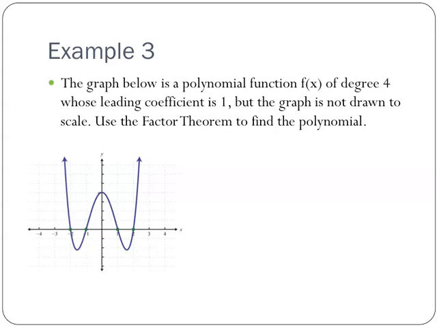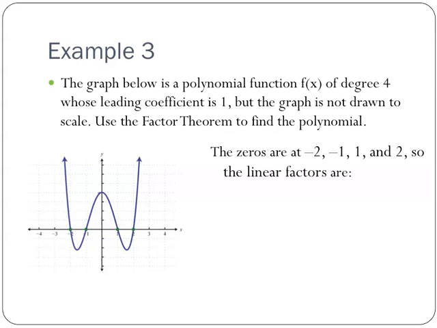We have zeros at -2, -1, 1, and 2. So the linear factors will be x plus 2, x plus 1, x minus 1, and x minus 2. It tells you that the leading coefficient is 1, so we don't have to worry about a coefficient out in front, and that is our answer.